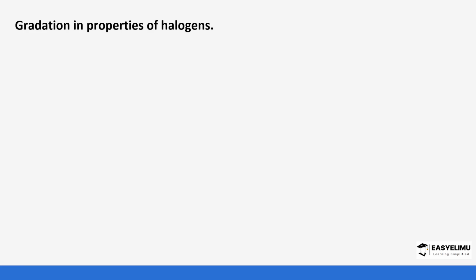The first thing we are going to look at is the gradation of properties of halogens. That means the atomic radius and the ionic radius.